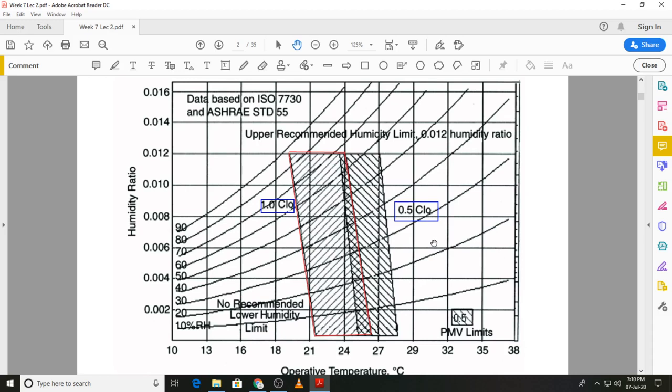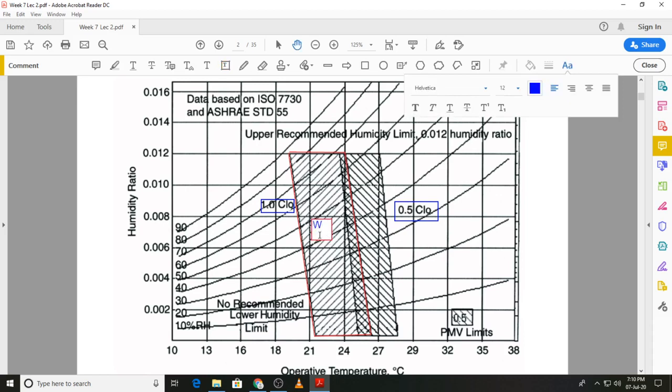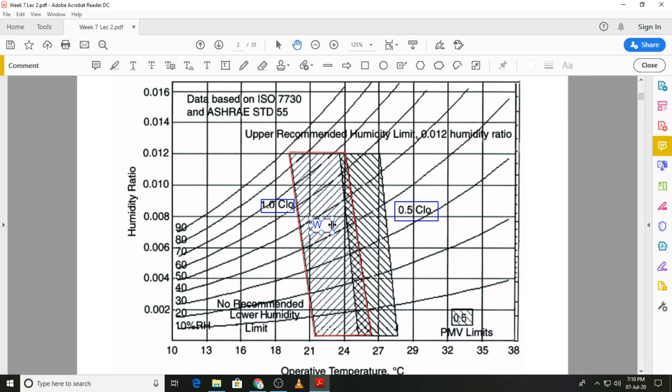The ASHRAE comfort zones are defined for summer as well as winter air conditioning. You can see that I have marked out a zone by a red boundary, which is the zone for winter air conditioning. I'll just put the letter W over here. And the other one is for summer air conditioning.